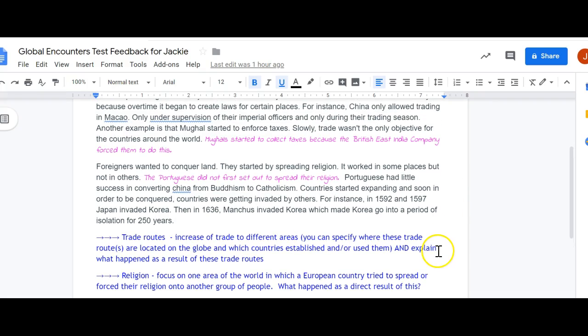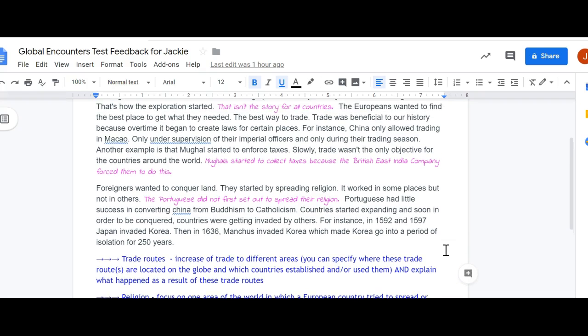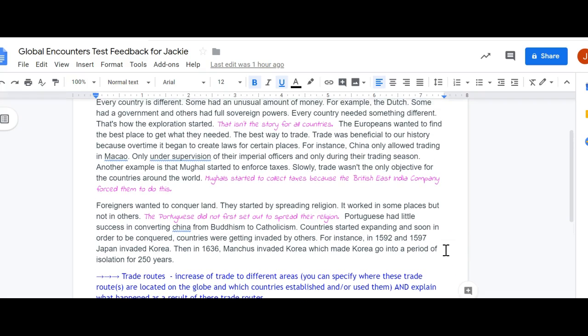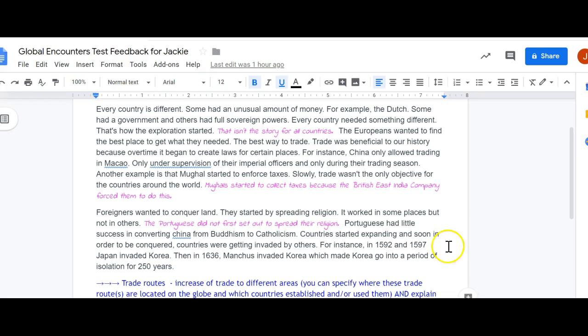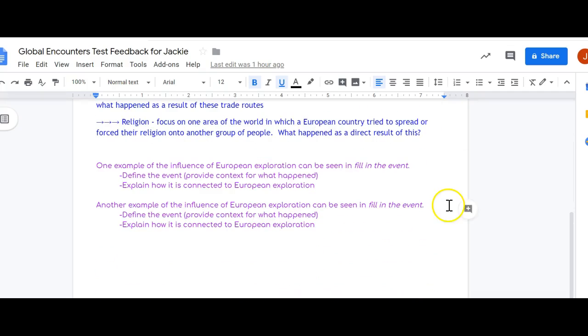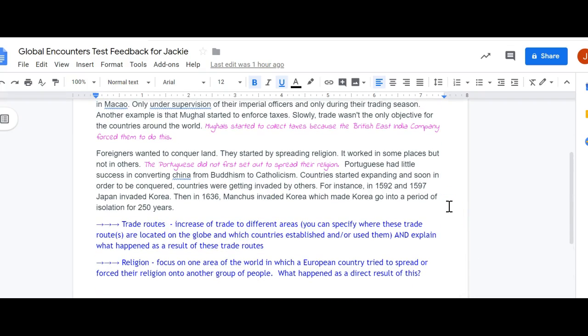So if you don't want to talk about trade routes, you don't have to. But I was trying to take something that was very clear, details that were easy to find from what you already wrote. You can write me and tell me if that doesn't make any sense, but I hope it does.